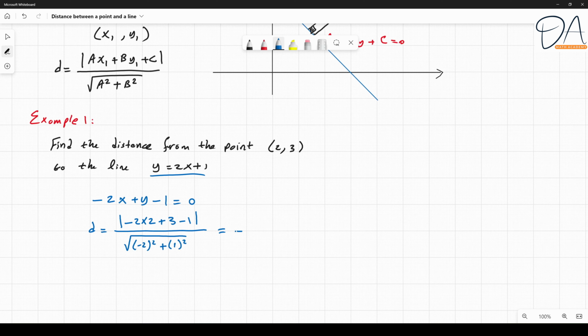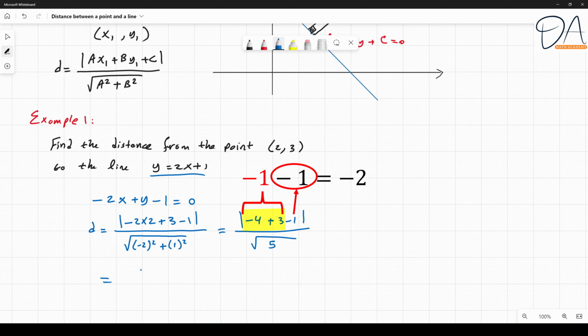So this is equal to minus 4 plus 3 minus 1, and here you have minus 2 squared, 4, plus 1 squared, which is 1. So this gives us 5, and here minus 4 plus 3 gives us minus 1, and minus 1 minus 2, you take the absolute value, meaning you make negative positive, then you get 2 over square root of 5. That is the distance between the point and the line.